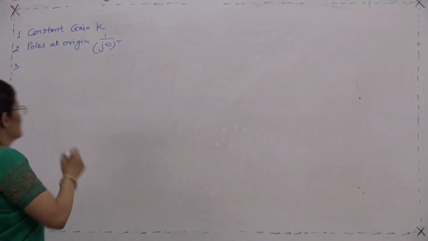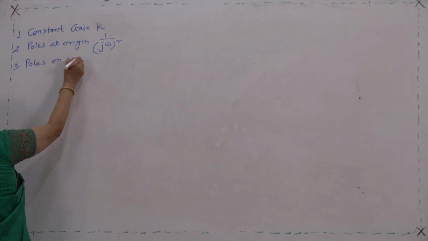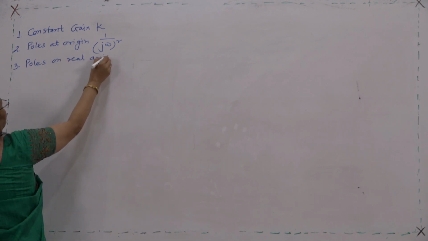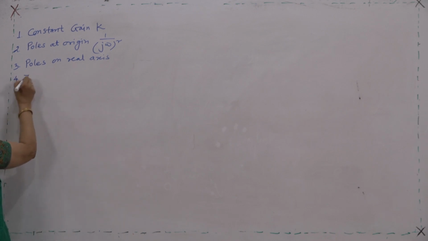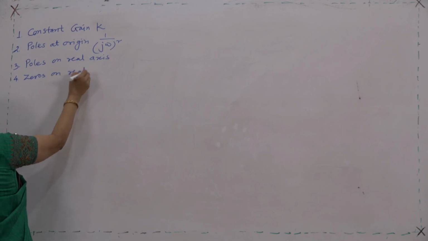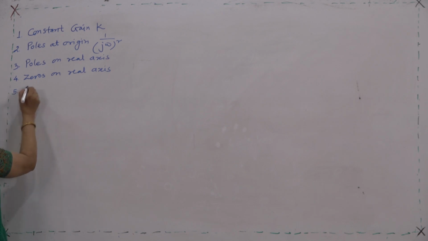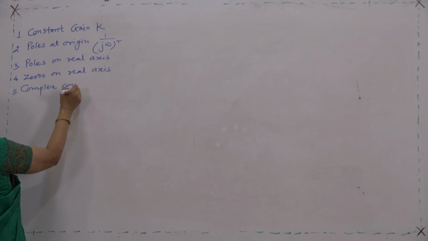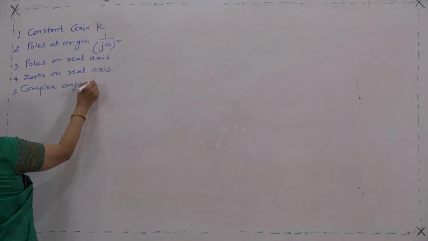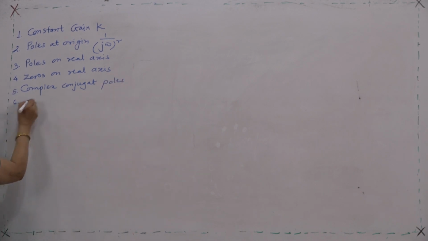Then we have seen poles on the real axis. Then we have seen zeros on the real axis. And now we have to see complex conjugate poles and complex conjugate zeros.